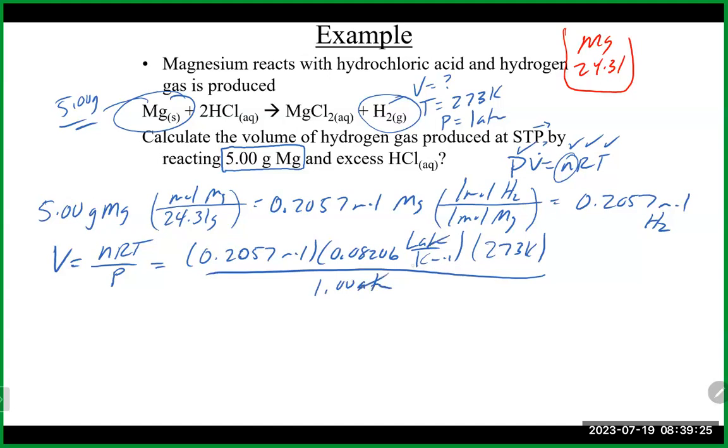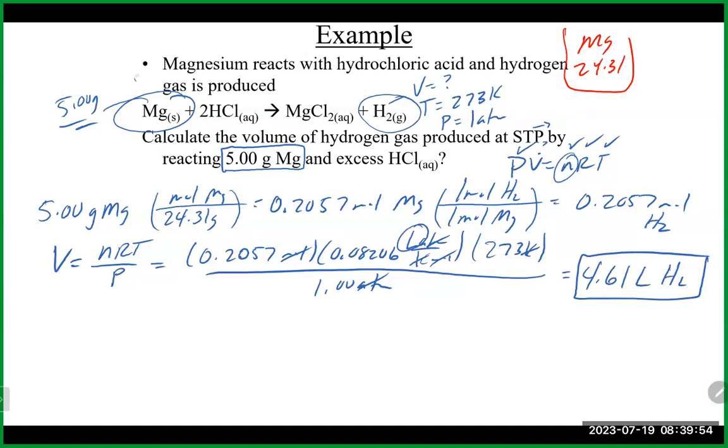Once again, atmospheres cancel, Kelvin cancel, moles cancel, leaves us with liters. And if we do this, 0.2057 times 0.08206 times the 273, we end up with 4.61 liters of H2, which would also be our theoretical yield in this particular case.